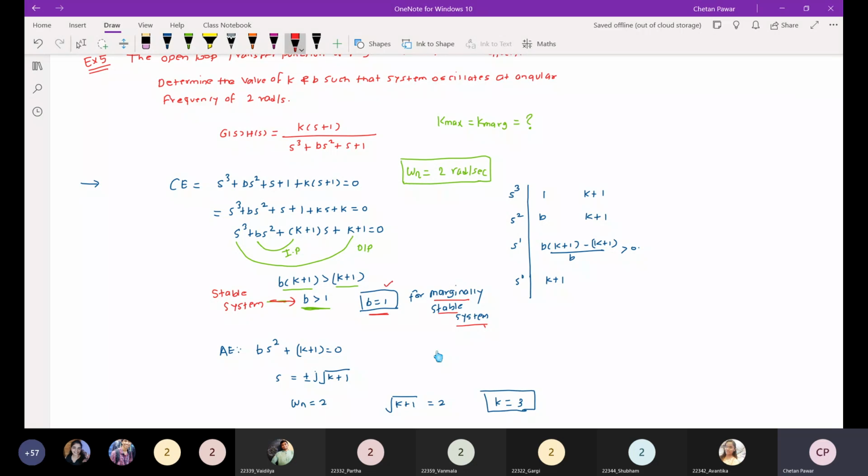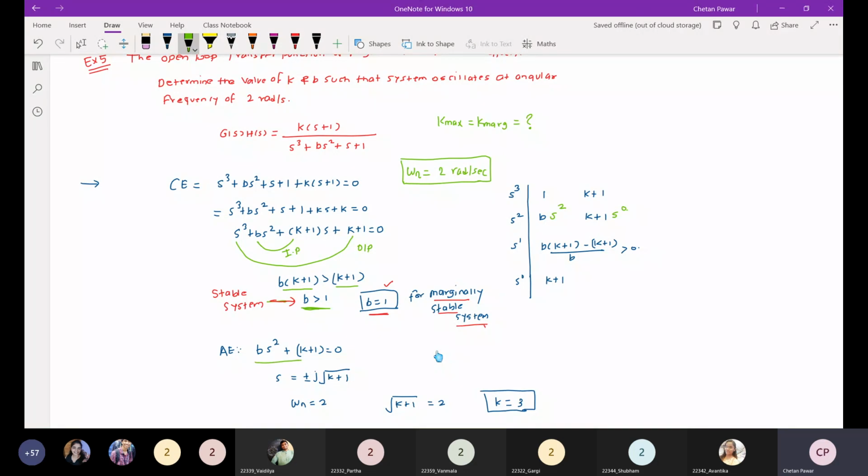Here you just need to take these two terms, b s square plus (k plus 1) as the auxiliary equation. Or if you form a Routh table, you can use the row previous to the row of zero, that is the s square row. Or if you want to calculate directly, you can take this inner term as the auxiliary equation.